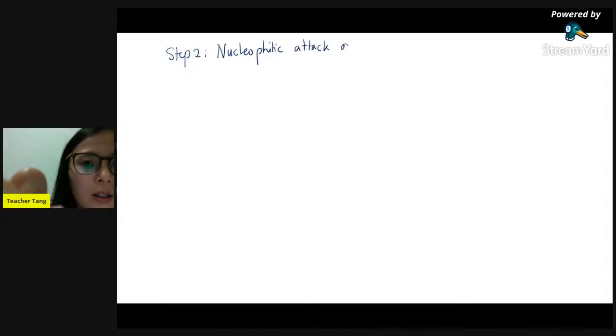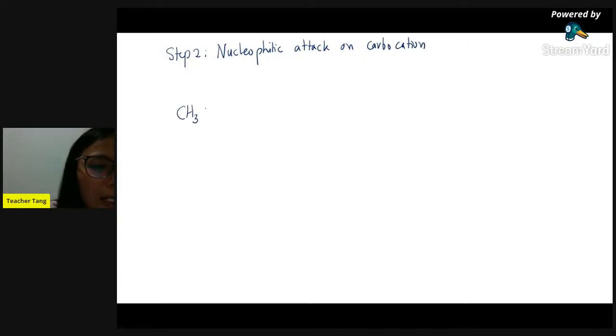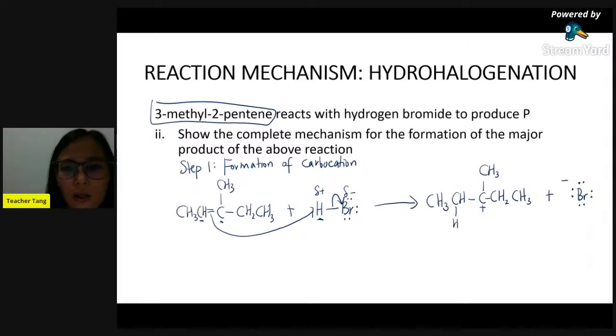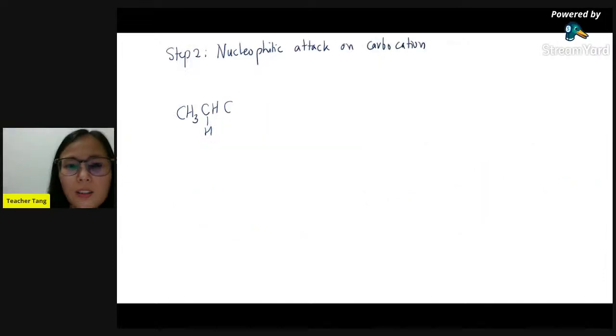So remember, step number 2 is nucleophilic attack on carbocation. So in the step number 1, the carbocation that we get is, okay, I forgot.